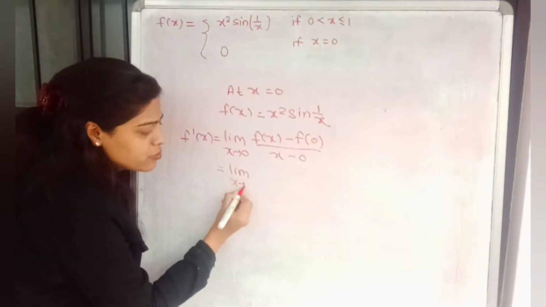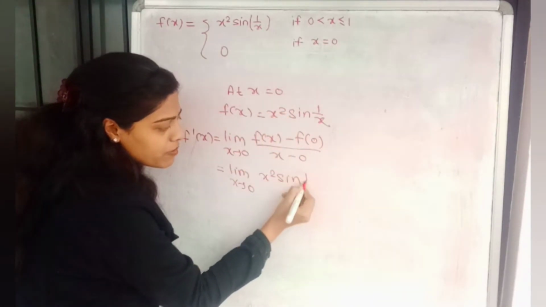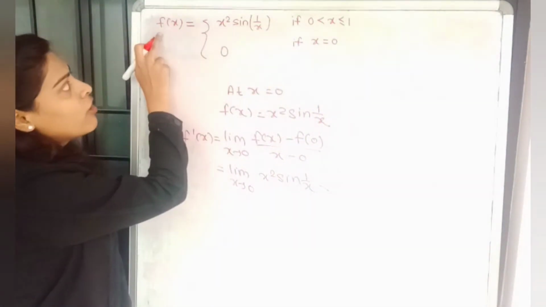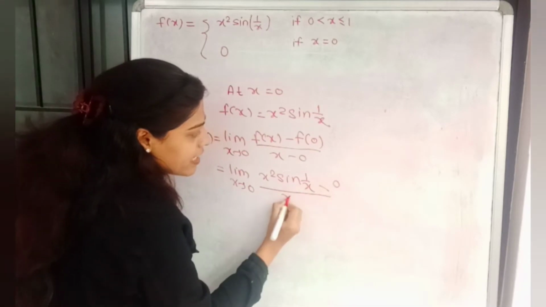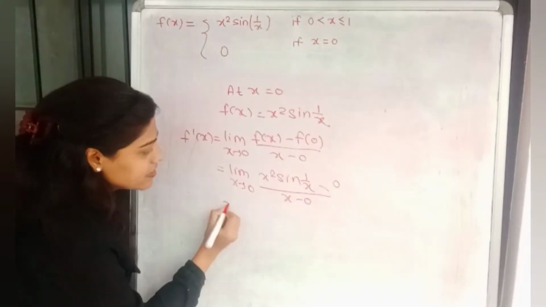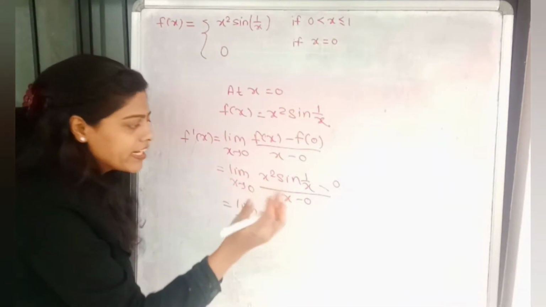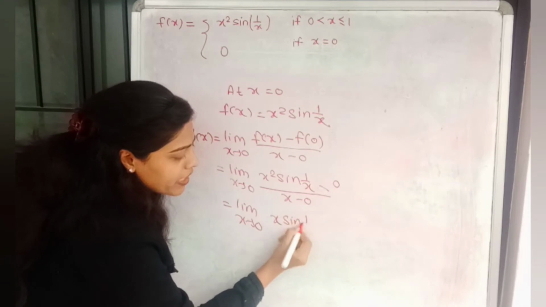So x and x cancel each other, and the remaining term is x sin(1/x).